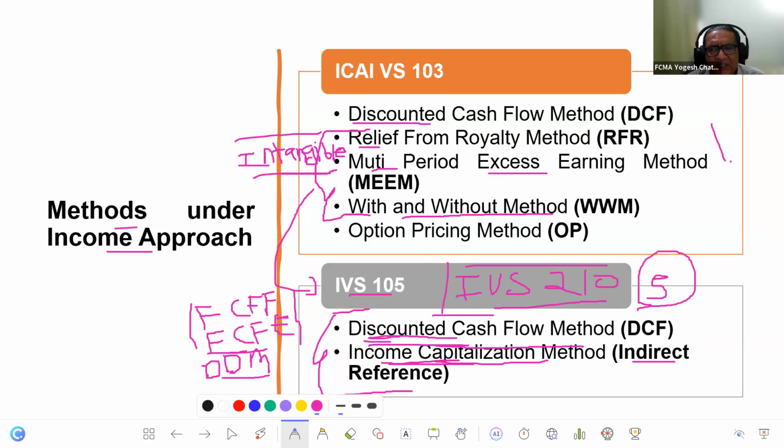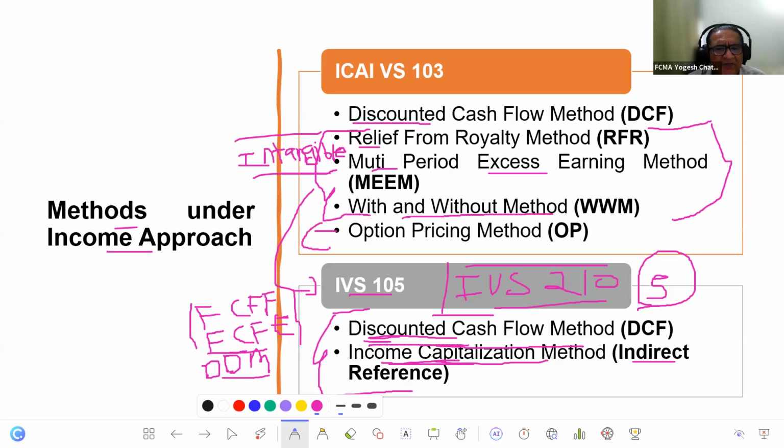So apart from these 3 methods, there are 2 additional methods. Number one, the greenfield method, and number two, the distributor method. So that is related to the relief from royalty, multi-period excess earning, and with and without method.